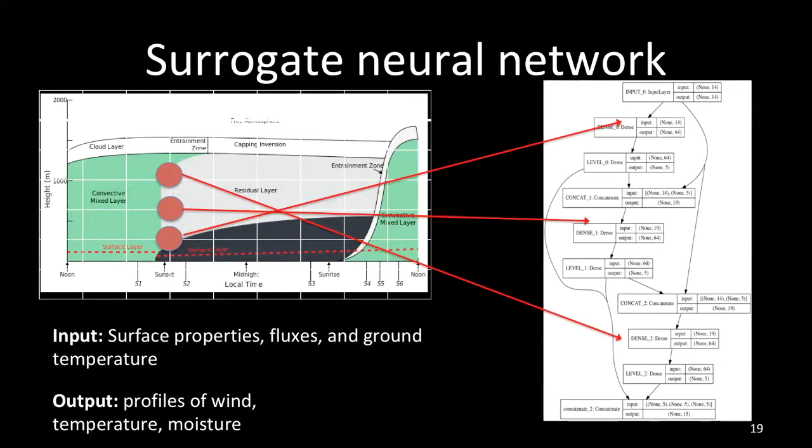So for each level we have an output, and the input is connected to each of them. The output of the current layer is connected to the next layer, along with the input. That's the architecture, and it continues up to 17 levels.